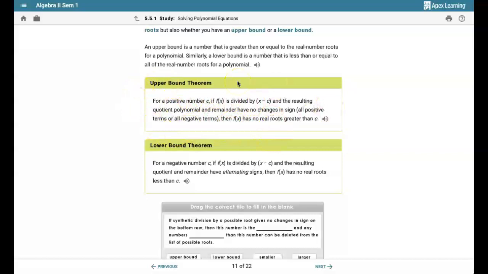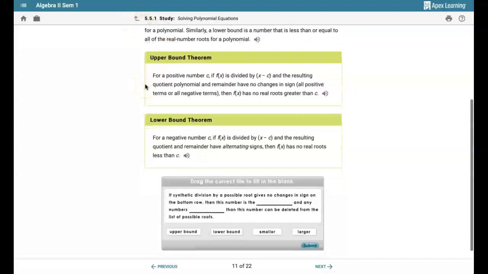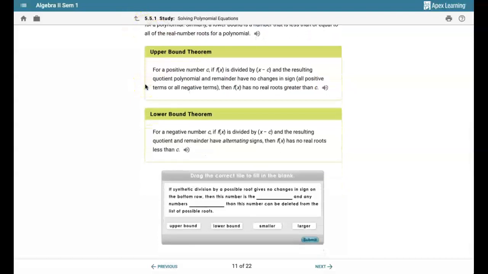If we carry this out using long division or the synthetic division method we learned, and you plug in the value of c, and all the values that come out are positive, then that means that's the upper bound.